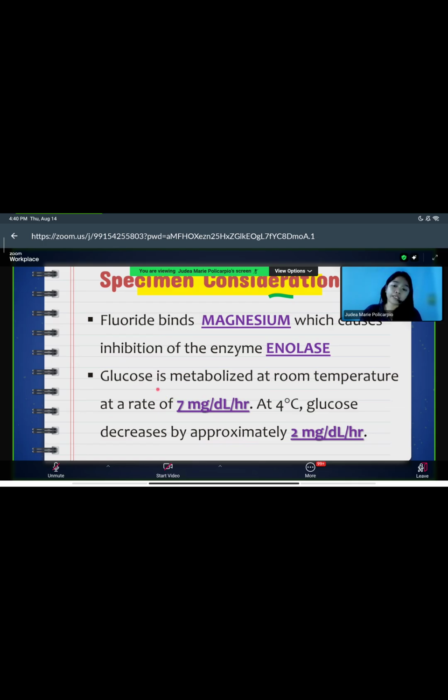Mas maganda i-prevent mo yung glycolysis, and that is by adding the sodium fluoride. Okay? Recall question tong rate ha, rate ng metabolism both at room temperature and at refrigerated temperature. Okay? Aside from this, nagde-detect din tayo ng glucose sa CSF.